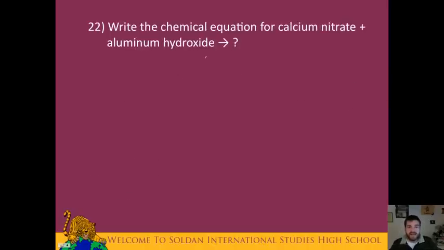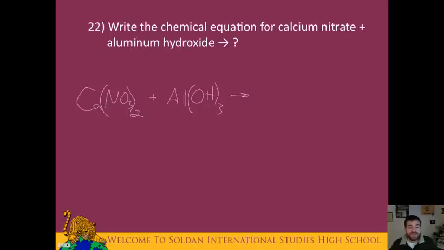22, write the chemical equation for calcium nitrate plus aluminum hydroxide. Okay, we need to polish up our reactants here. Calcium's a +2, nitrate is a -1, so I need another nitrate to balance out the charges. Aluminum's a +3, hydroxide is a -1, so I need 3 hydroxides to make the charge 0.